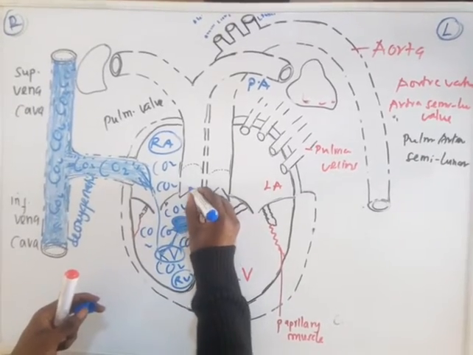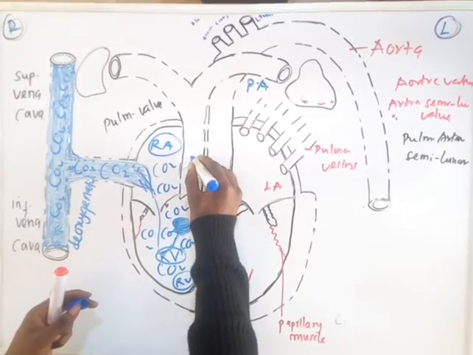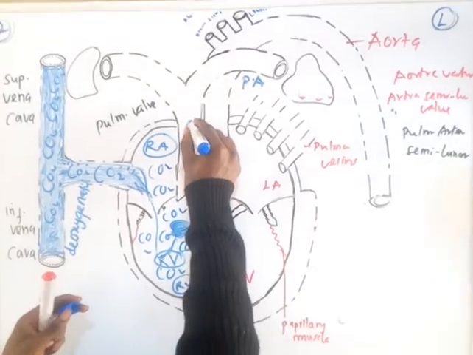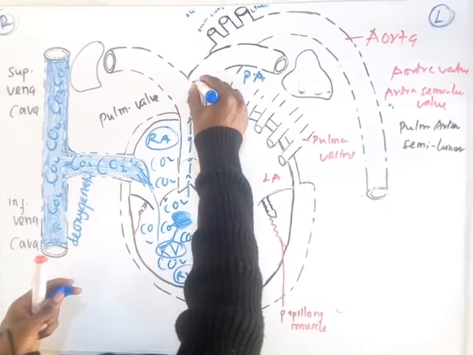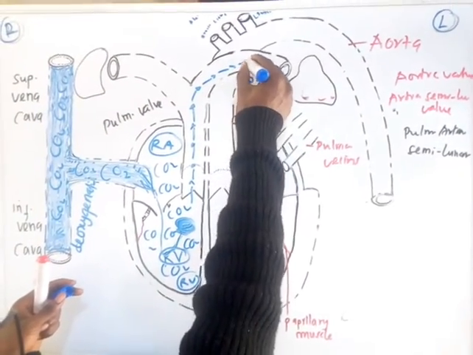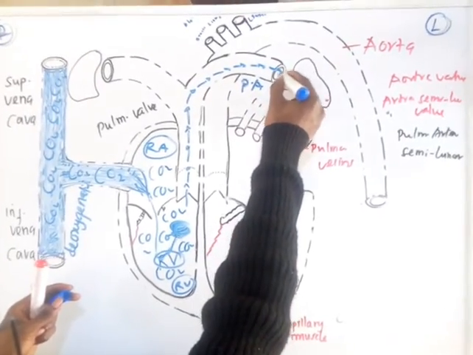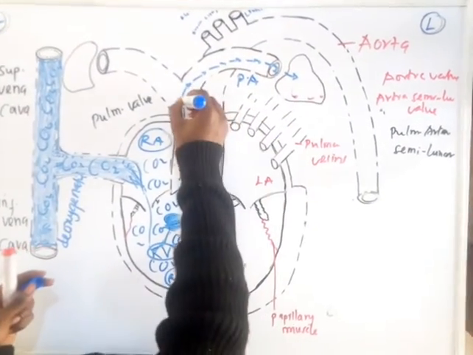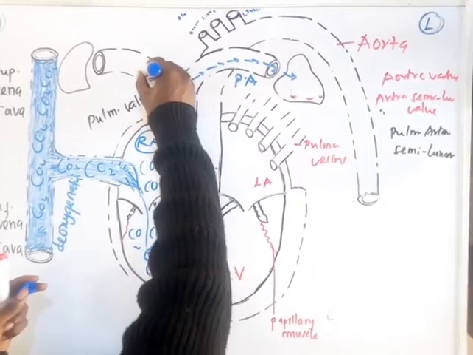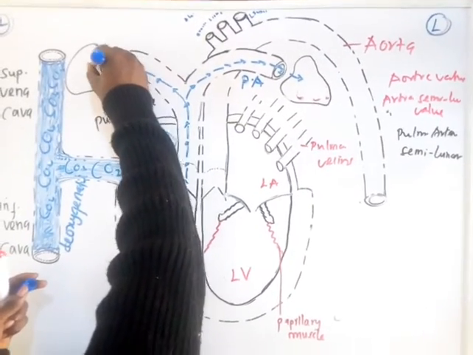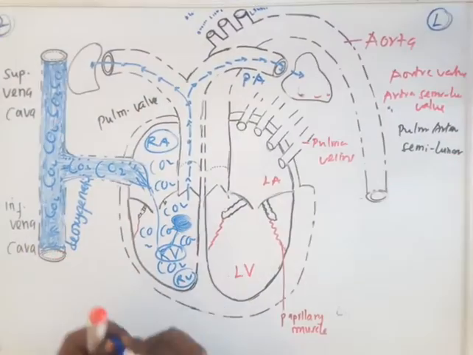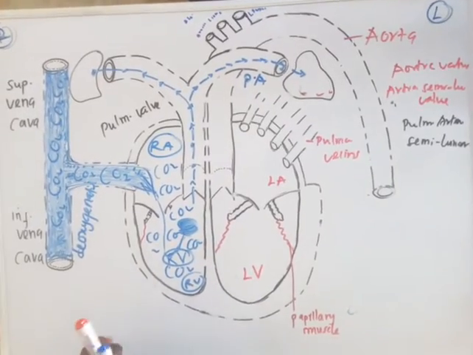The lungs are the left lung and the right lung. Now we go to the lungs, here too we go to the right lung. So I believe it's clear.